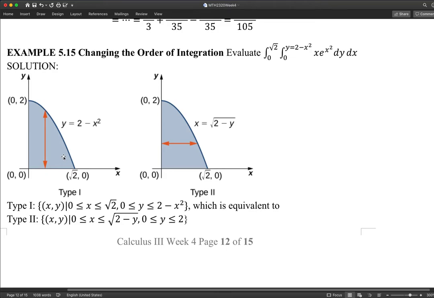According to our discussion, this same region can also be considered as type 2, right? So this is my description for the same region as type 2.